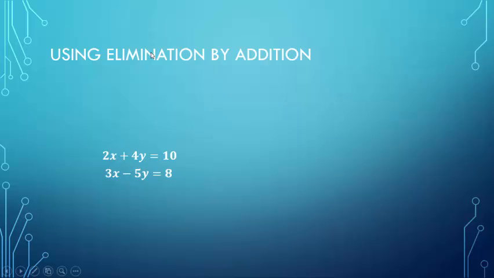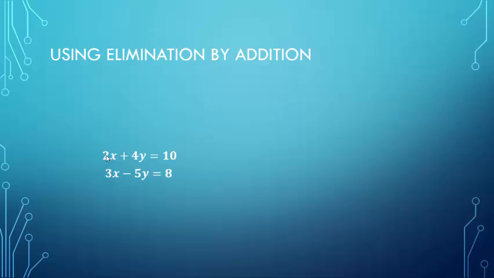So using elimination by addition, what we're going to do is try to rewrite this system where it's more convenient for us. So remember when I said that 2x plus 4y equals 10 is the exact same equation as x plus 2y equals 5? You could also multiply everything by pi or multiply everything by 1/13.